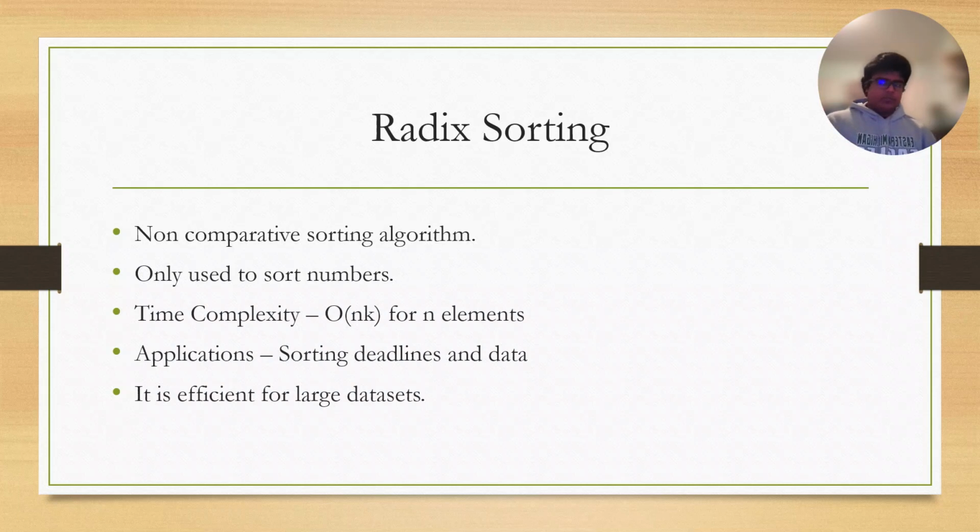The time complexity of radix sorting isn't the best, but it's all right. It's basically O(nk), where n is the number of elements and k is the number of digits in the largest number in the data set.